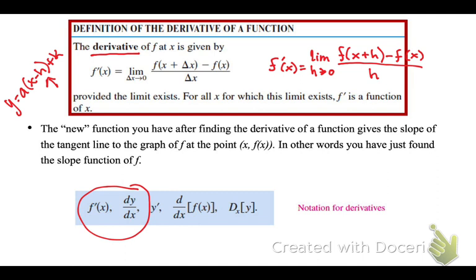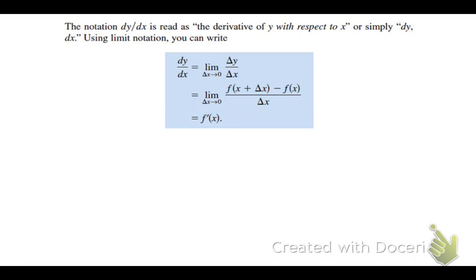This just shows you, don't worry about writing anything down unless you really want to, but listen to what it says. The notation dy dx is read, and we say legitimately dy dx, as the derivative of y with respect to x.